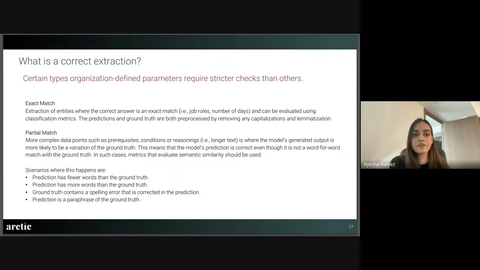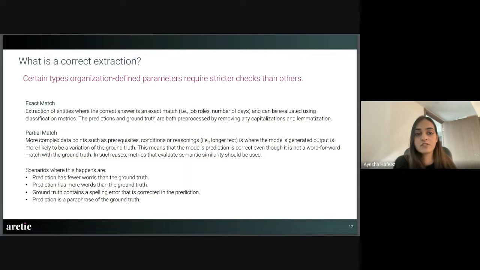Now, I think for evaluation, it's important to understand what a correct extraction is. And as I mentioned, certain types of organization-defined parameters require stricter checks than others. So there are two levels to this as well. One is an exact match, where the entities extracted from the model need to be an exact match of the predictions and the ground truth.